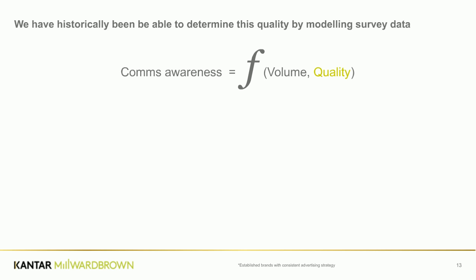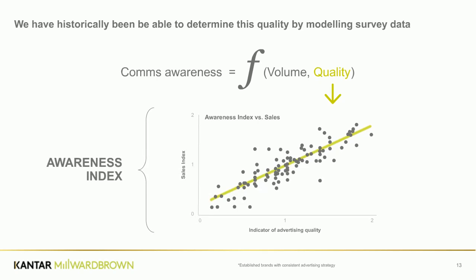So if we know how many people recall seeing your communication, and we know how much communication you were doing at that time, we're able to derive a metric that becomes an indicator of the quality of that communication in achieving impact and cutting through to people. And that's a metric that we've called the awareness index.